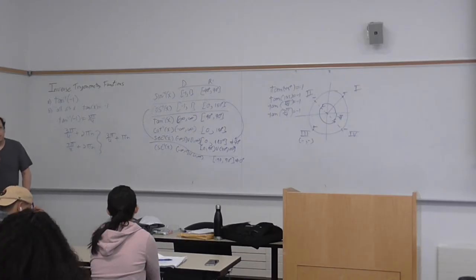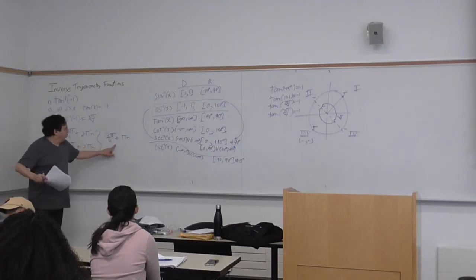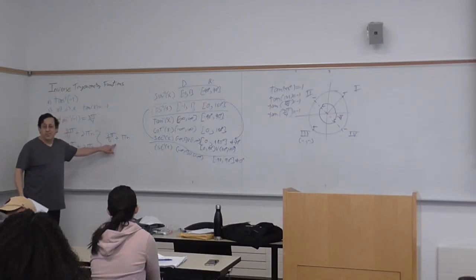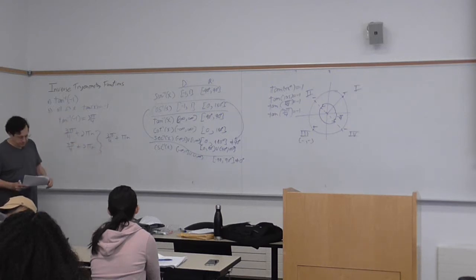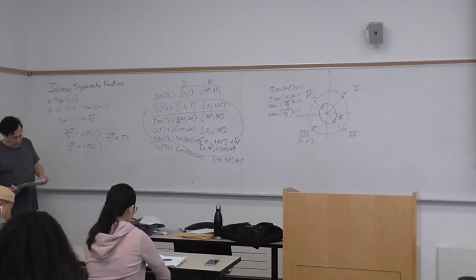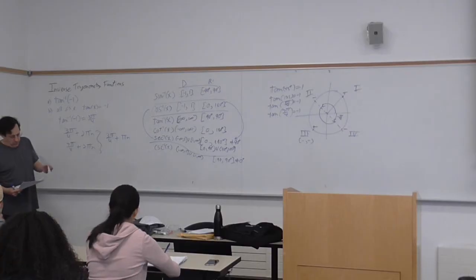Now, why does that make a lot of sense? Because we know that the period of tangent is not 2 pi, it's pi. So it's going to repeat every pi. Okay.